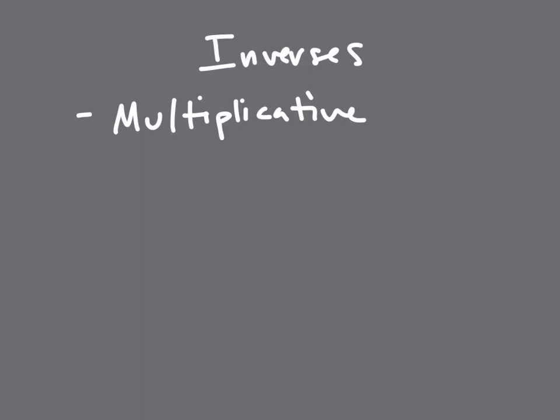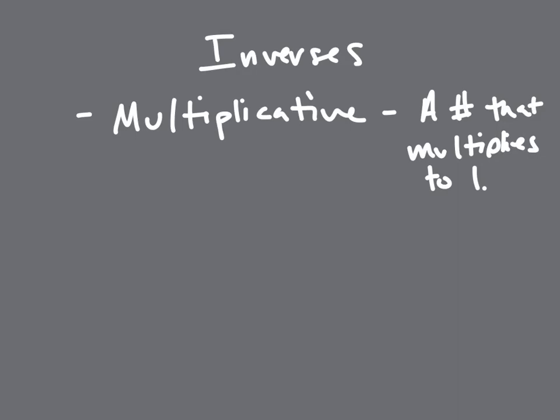The next one that we have when it comes to inverses is multiplicative. All right, and it's a number that multiplies to 1. So when we talk about the multiplicative inverse, here's what we say. If you had a, then a times 1 over a gives you 1.